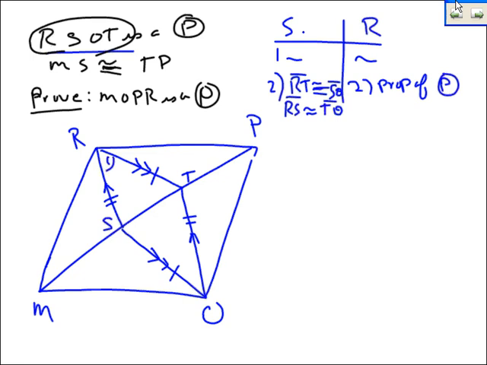Angle 1, equal, opposite angles. Those two angles are equal. Angle 1 is SRT.